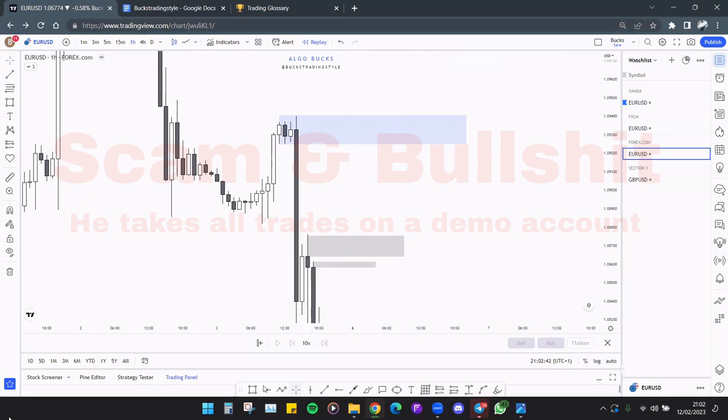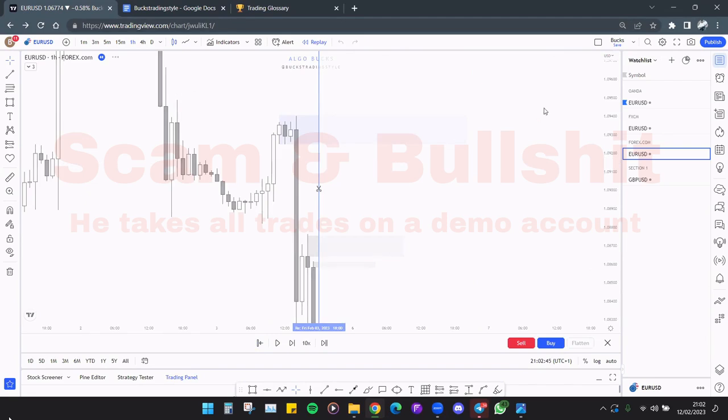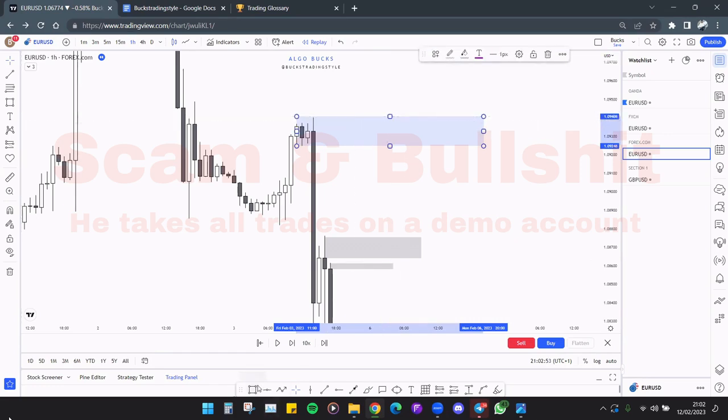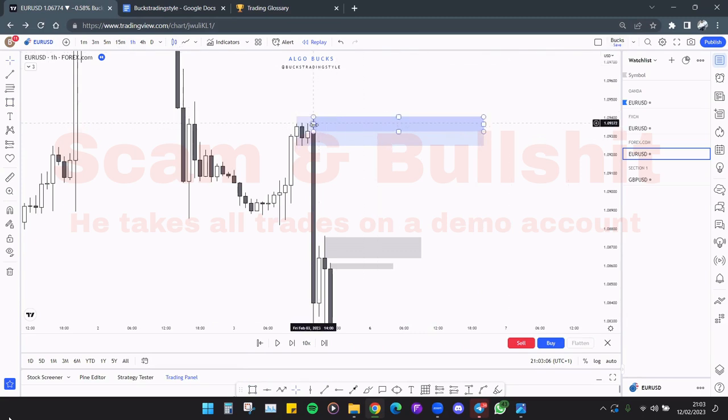Instead of going down to 5 minutes, 1 minute to refine this whole POI, I just mark this wick because this is our last unmitigated wick, and wait for reaction in this time frame. Now, if I go on a lower time frame, I'm going to see that this wick is an unmitigated wick and it's also a smaller time frame POI. So let's go to 15 minutes.